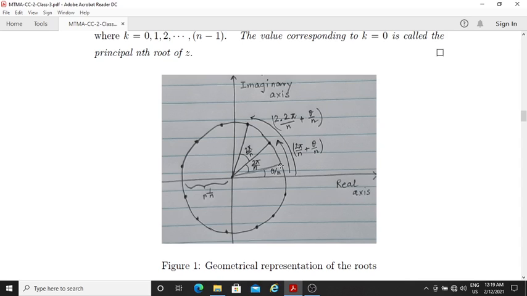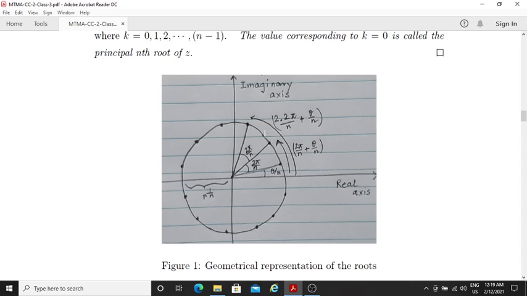Now you take the angle 2 pi by n, and you just keep on rotating this principal point, the root, through an angle 2 pi by n. If you rotate it once, you get the second root, corresponding to k equals 1.